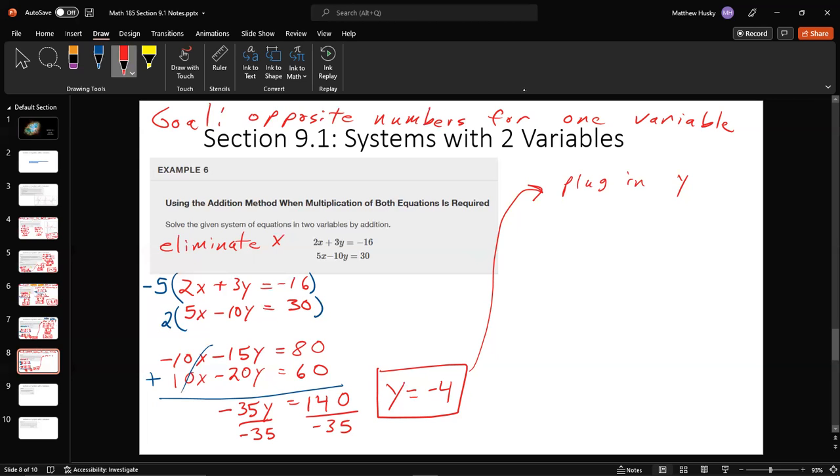I'm going to pick the top one just because it happens to be first. There's no rule that says I have to do it that way. I have made my bed, now I will lie in it. Anyway, so what do we have? You replace the Y with a -4.